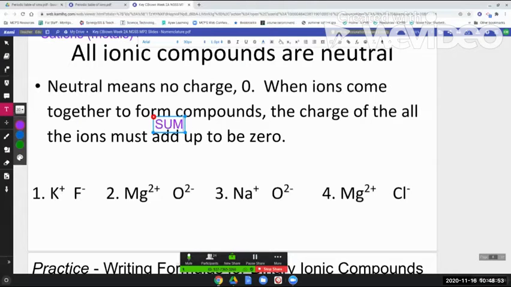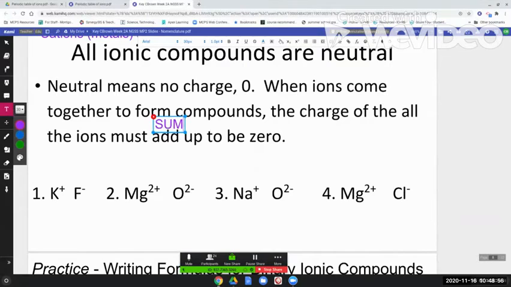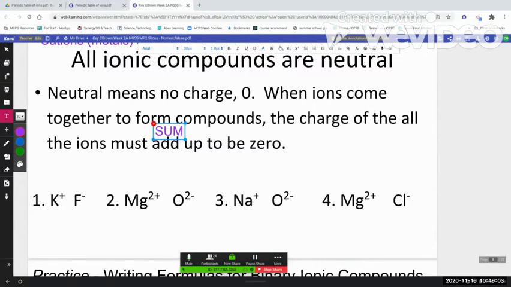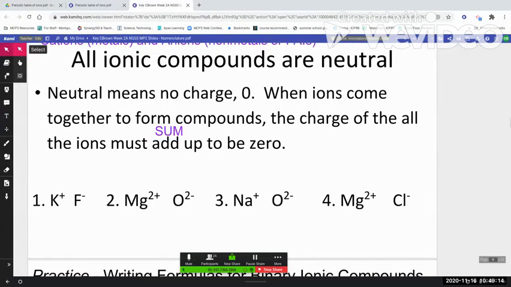Oops. Okay. I have to write like this. It's really annoying. Hold on. Okay. So when I'm summing these at the bottom here, when I'm summing these charges, my mouse isn't even showing up. Deep breath.